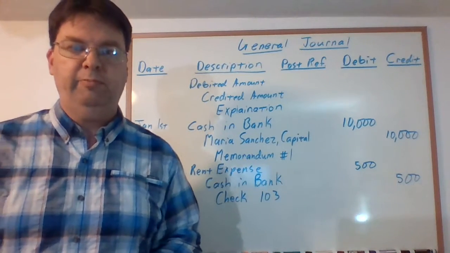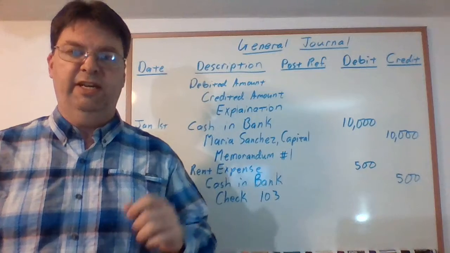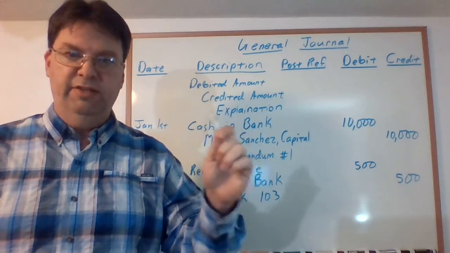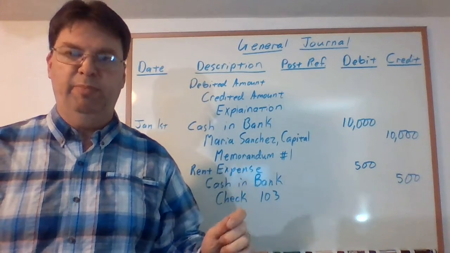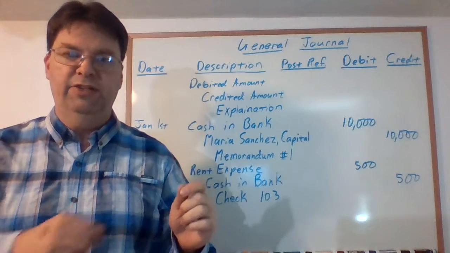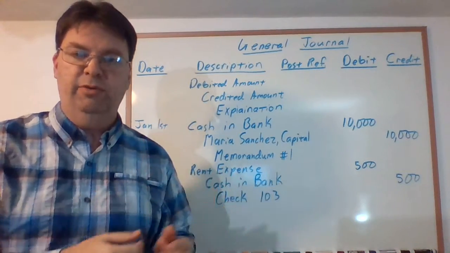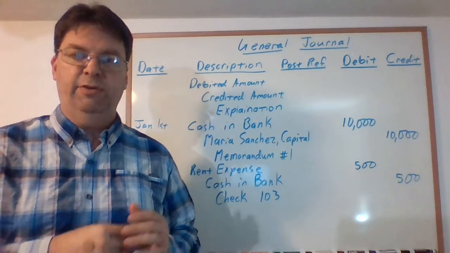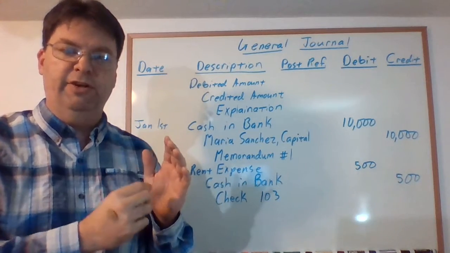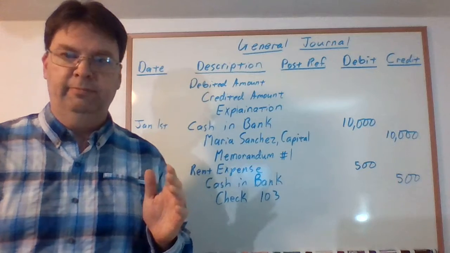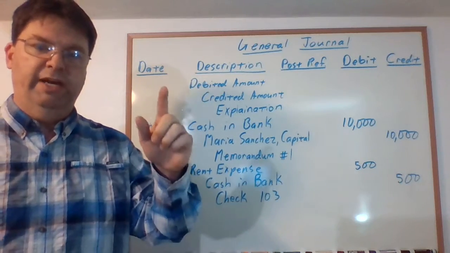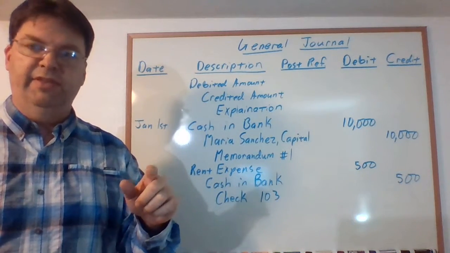Okay? The journal is just an accounting of things as they happen, moment by moment. An action occurs and it is journalized. It is put into the journal. And so this is just a record of how things are going in our business over time. Which is why in the journal you always have to have the date.